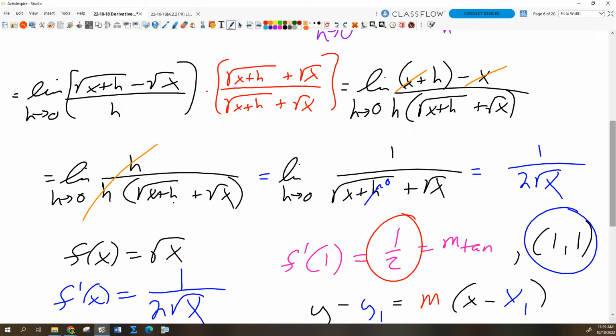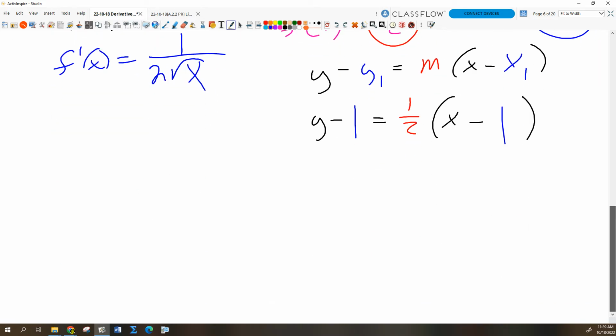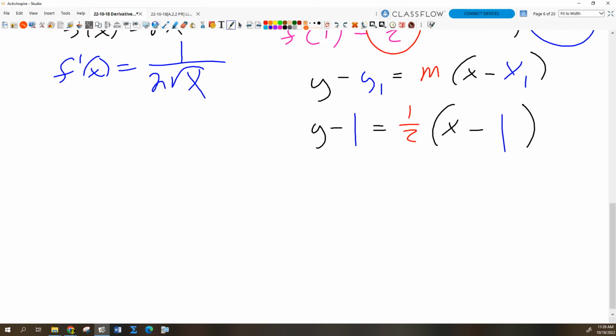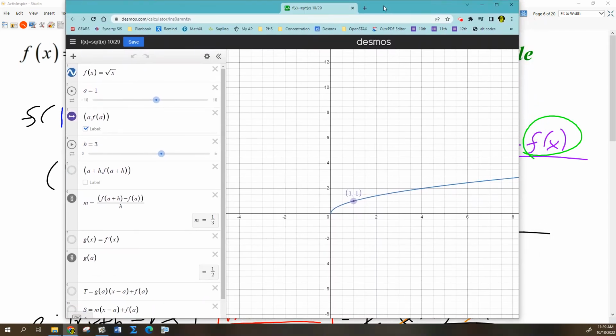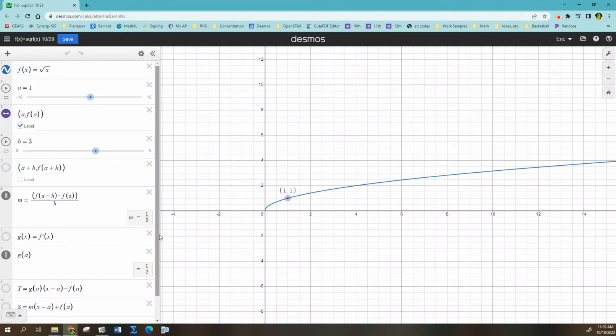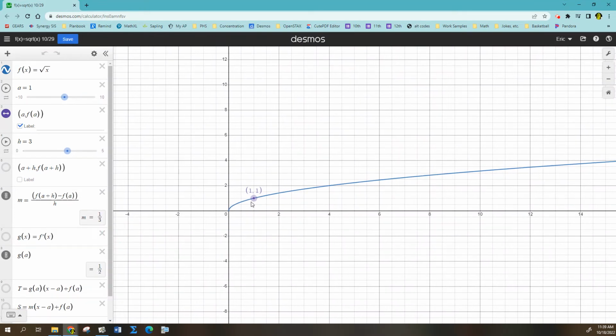So what's the function that we got? So let's look at a picture. So this is the slope of the tangent to the curve when x is equal to 1. Okay, let's see what we just did. Let's look at a graph. There's our function, right? We're trying to find the tangent to the curve at x equals 1.